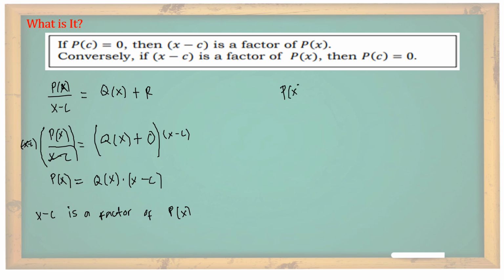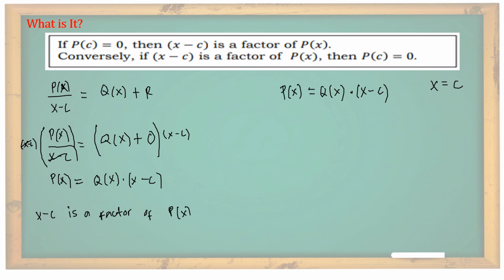Conversely, P of x equals Q of x times quantity of x minus c. If the value of x is equal to c, di ba x minus c? Equate natin to 0 yung x minus c, then transpose, so that will become x equals c.